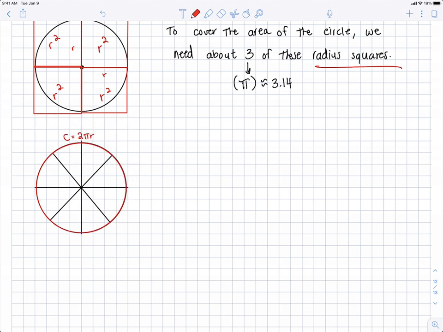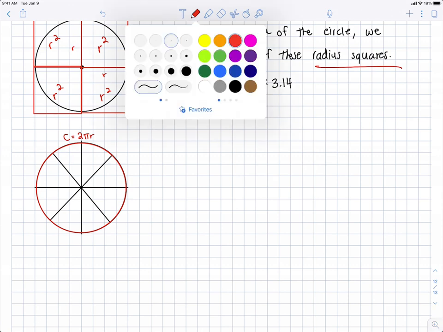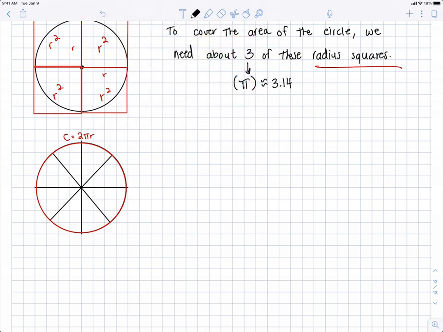Right, so that red outline that I put in here, that is the circumference of the circle. And as you keep slicing these slices in half over and over and over again, eventually you're able to rearrange the pieces into a lovely, simple rectangle.